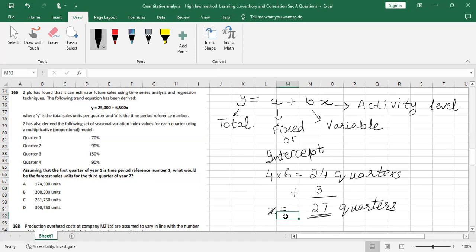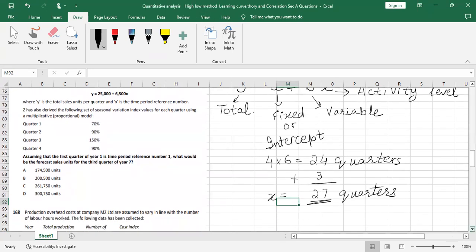Understood? Any question? Okay. Now we will solve this MCQ. First of all, we will calculate the value of Y. Y is equal to intercept 25,000 plus 6,500 into 27. So first of all, you will solve this bracket and then you will add 25,000.